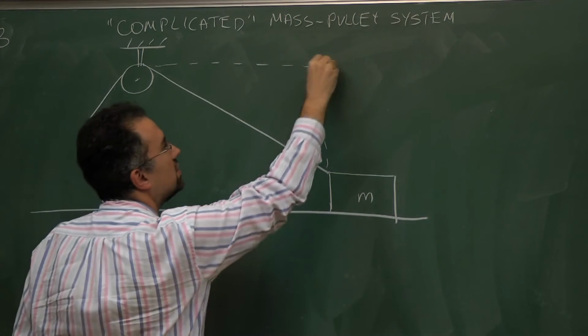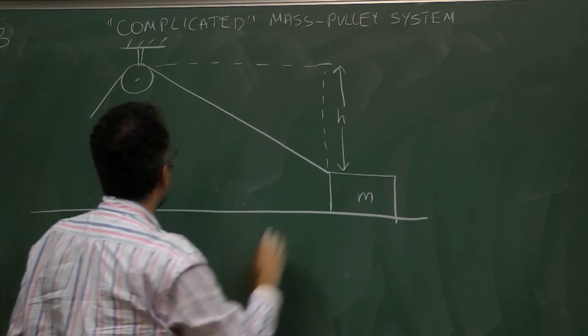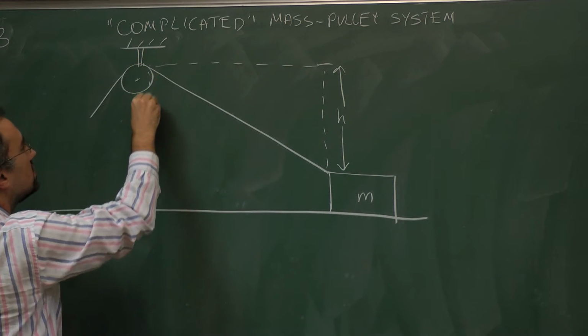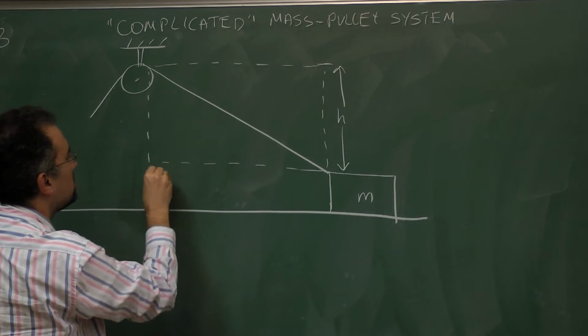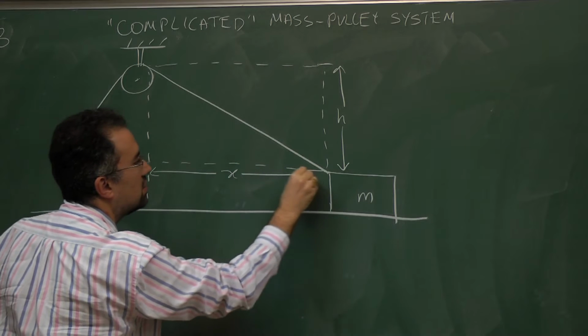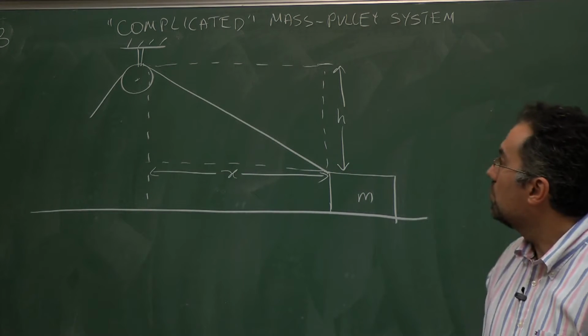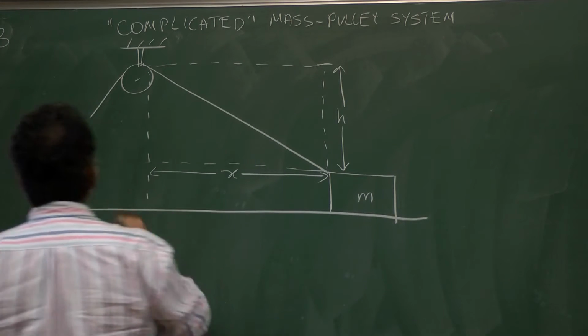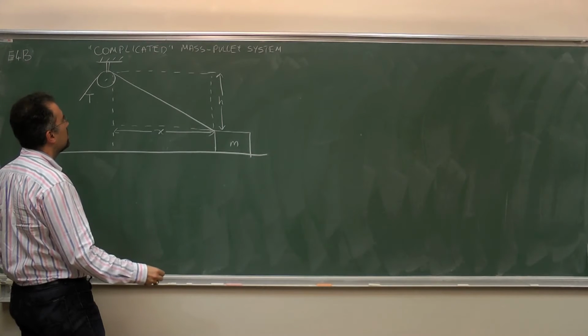The height here is h, and this distance, I'll label as x. So you essentially keep a constant tension on the string.